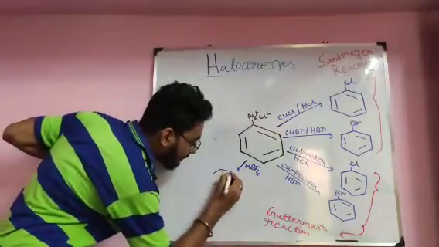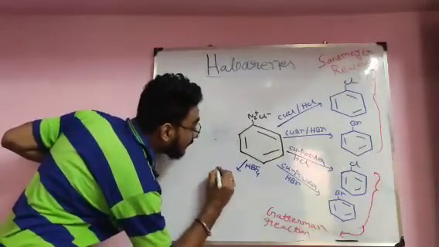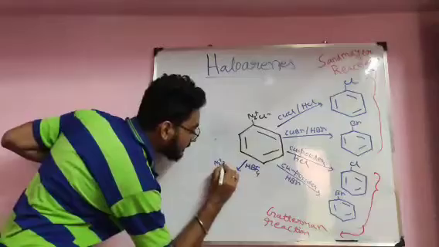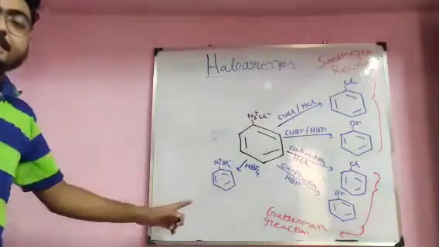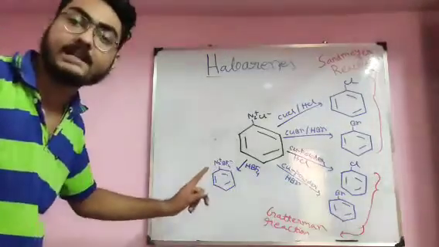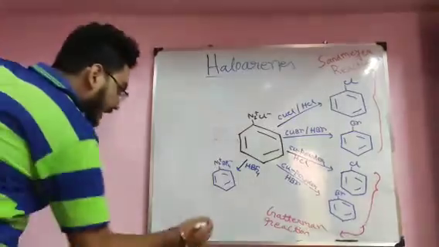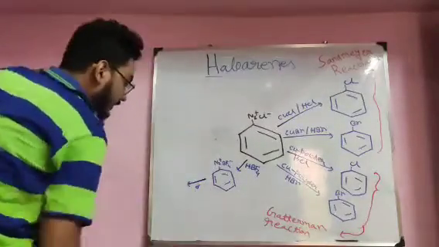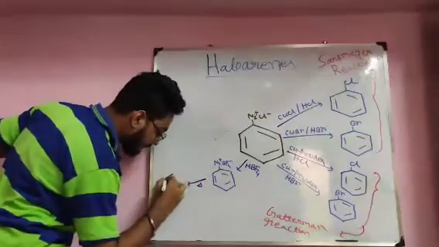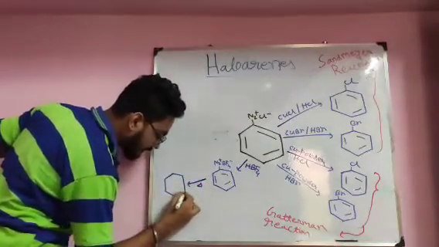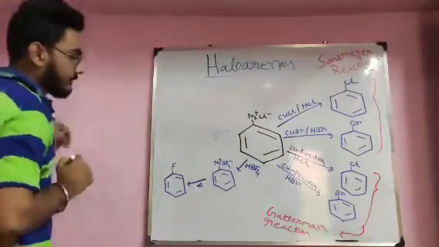Then the product formed will be N2+ BF4-. The name of this compound is benzene diazonium fluoroborate. Now, if we give heat, then fluorobenzene is easily formed. Okay.